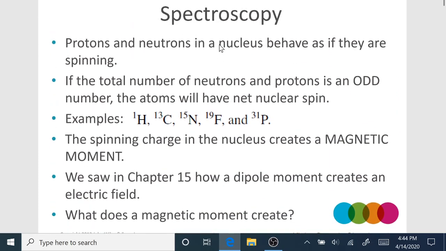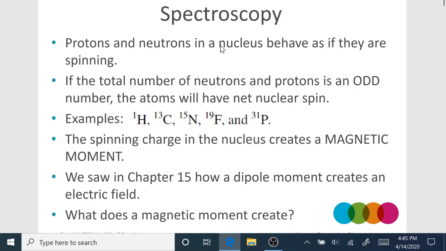Protons and neutrons in a nucleus have what's called a spin. They actually aren't sitting still, they're spinning. Normally with spectroscopy, we're looking at the electrons in a molecule, but NMR is dealing with the nucleus. If the nucleus has an odd number of nucleons, or protons and neutrons, then it will have a net nuclear spin.